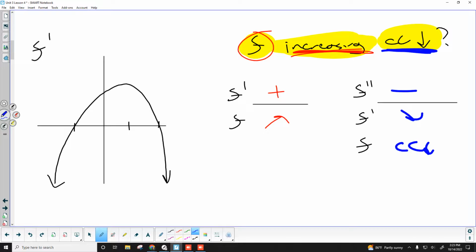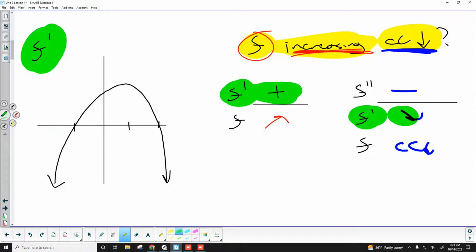Based on that, I will then look at my graph. I have the graph of F prime. Oh, to answer the question, I want when F prime is positive and going down. Tell your neighbors what the interval is. I'm hearing multiple different intervals.